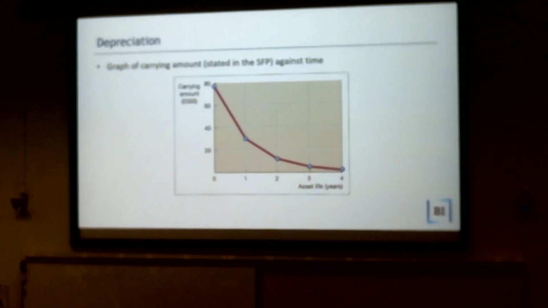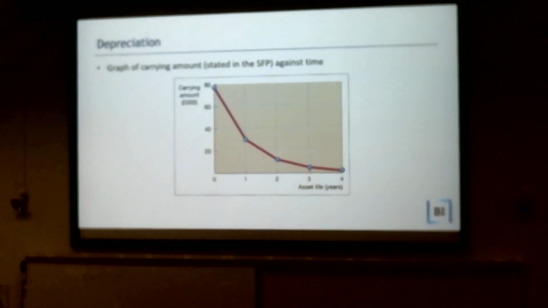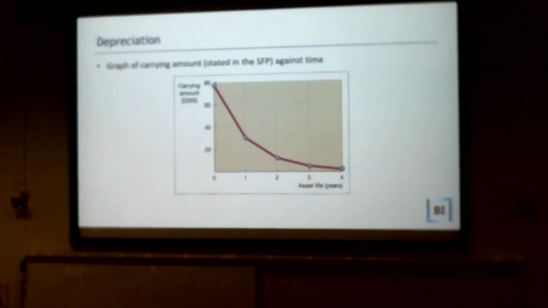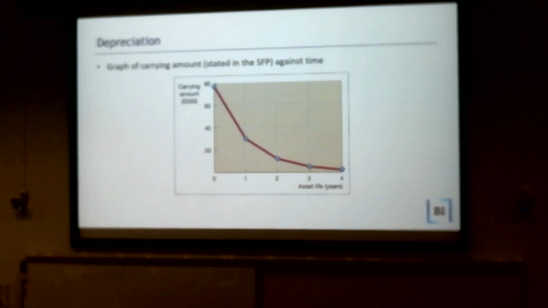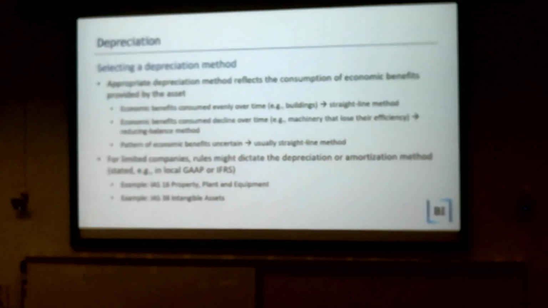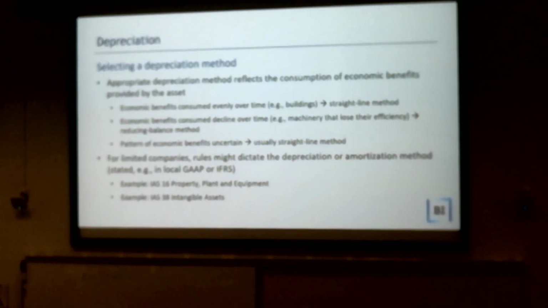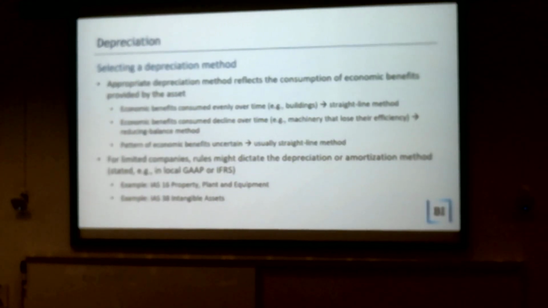Firms can do this, but they cannot switch back and forth every year, and they usually have to inform investors that they did this. Yeah? Okay. Very good. Yeah, this is what I just said. In the end, it's regulated by local GAAP or IFRS, dependent on the types of assets we're talking about. But usually it's straight-line depreciation.